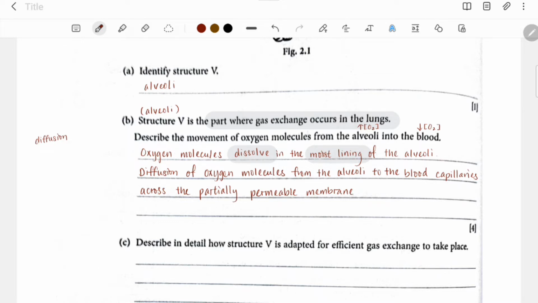And then after that, diffusion is always down the concentration gradient, or you can say from higher concentration region to a lower concentration region. So depends on which one you want to write lah.